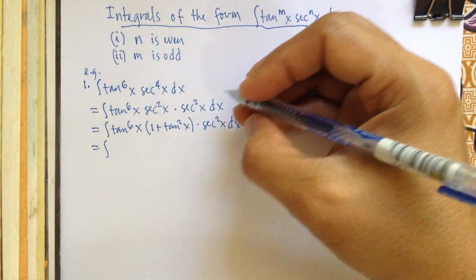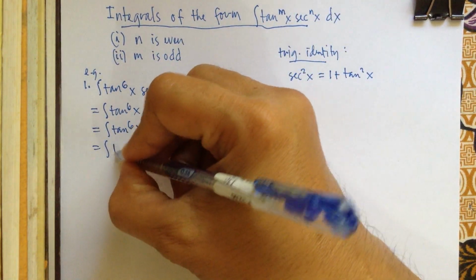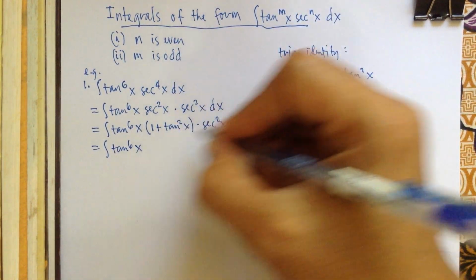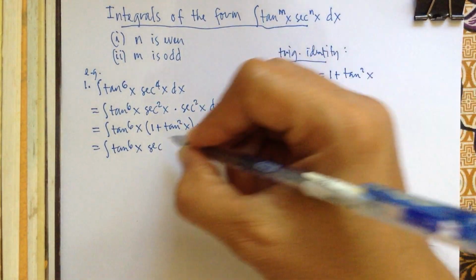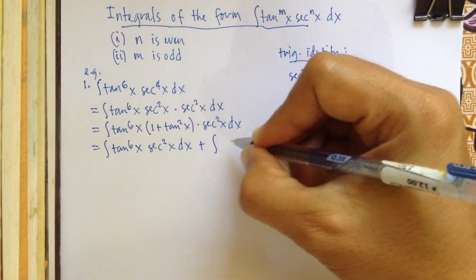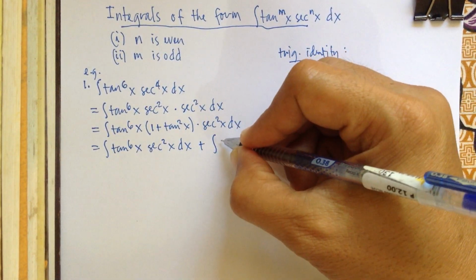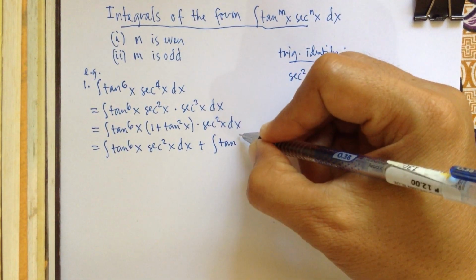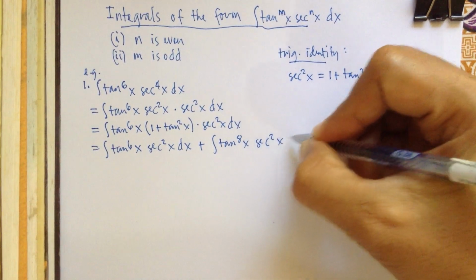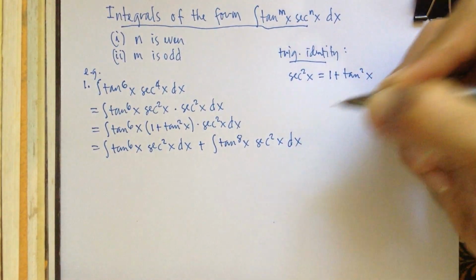And let's perform multiplication. So actually we can write this as the integral of tangent to the 6x secant squared x dx plus the integral of tangent to the 8x secant squared x dx.